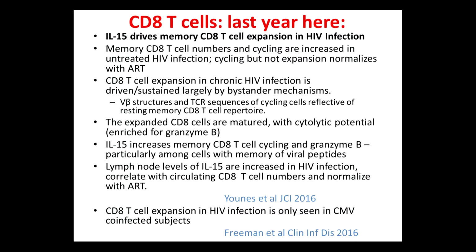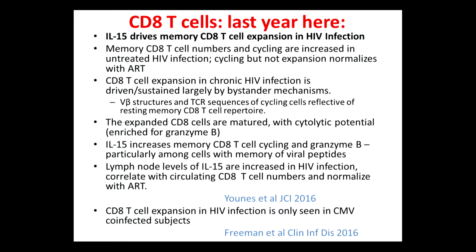And the frequency of cycling normalized with antiviral therapy, but the expansion did not. Those numbers stayed high. And we showed you some data that have been published since that indicate that the expansion of CD8 T cells in chronic HIV infection is largely sustained by bystander mechanisms, that it's not driven by looking at antigens, it's not driven by T cell receptor stimulation.